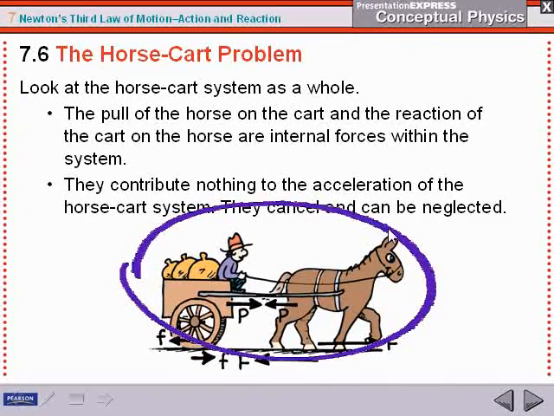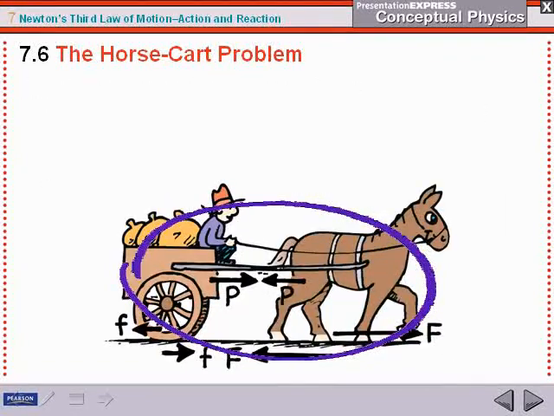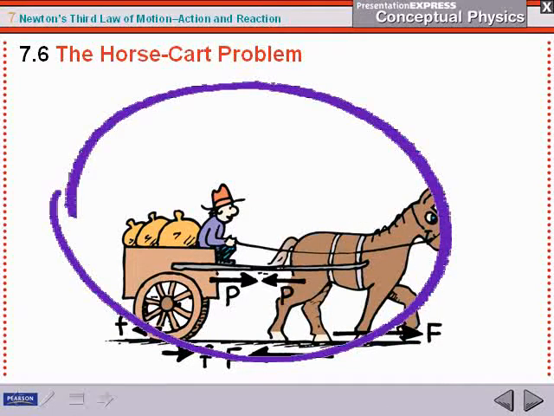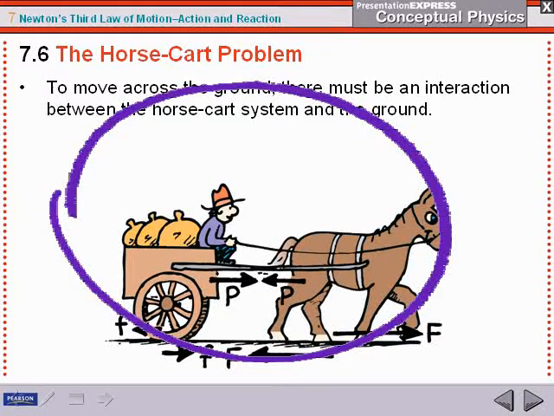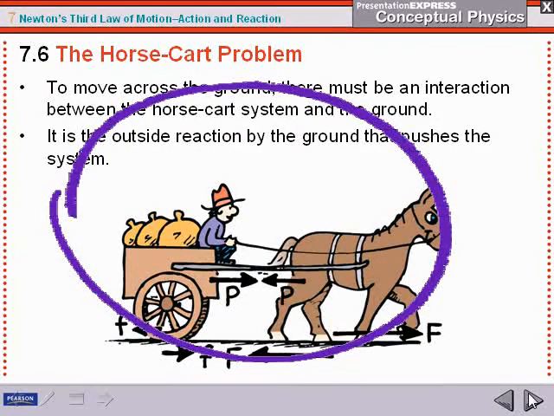They can be neglected in this case. So what's left is the push from the horse on the ground and the friction on the cart, which will determine whether the horse is able to move the cart.